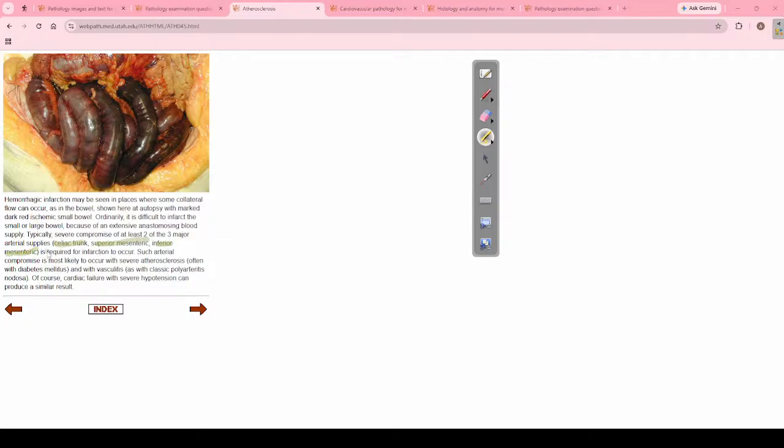So if in these places there is an embolus which is formed, occluding these places, infarction will occur. But with severe atherosclerosis and vasculitis, cardiac failure also it can be seen. Okay, and this is just talking about infarction with sarcoma. These three are a few important places where it can occur.